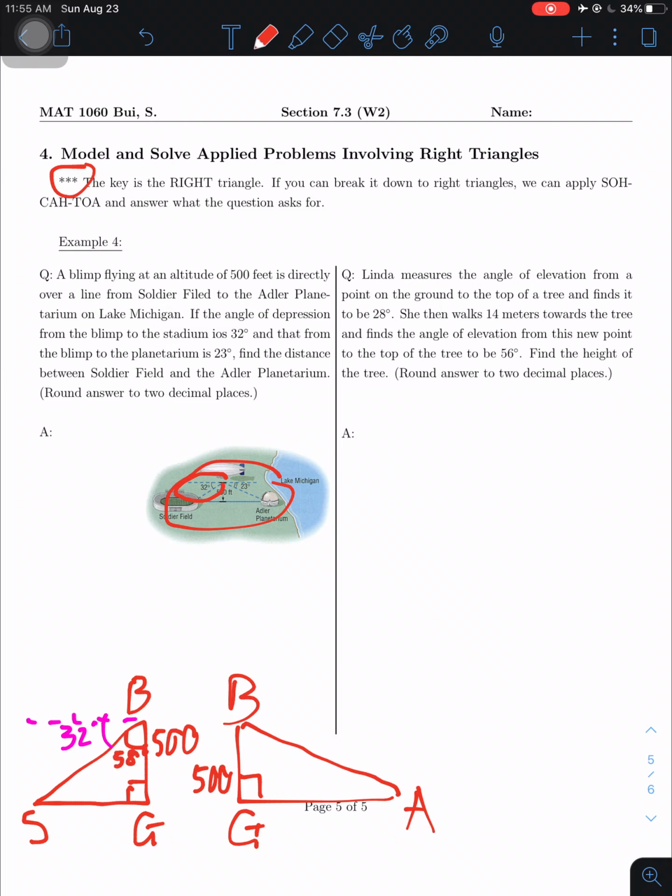Some of you might ask me, well, I didn't even get to read the whole problem yet, so how do I know if I need to do this or that? I'm going to tell you, first of all, I need to get all the information that I can from the picture first, and then after that I read the problem secondly. That's usually my habit. If you don't want to do that, you can do it your way. You can read the whole problem first.